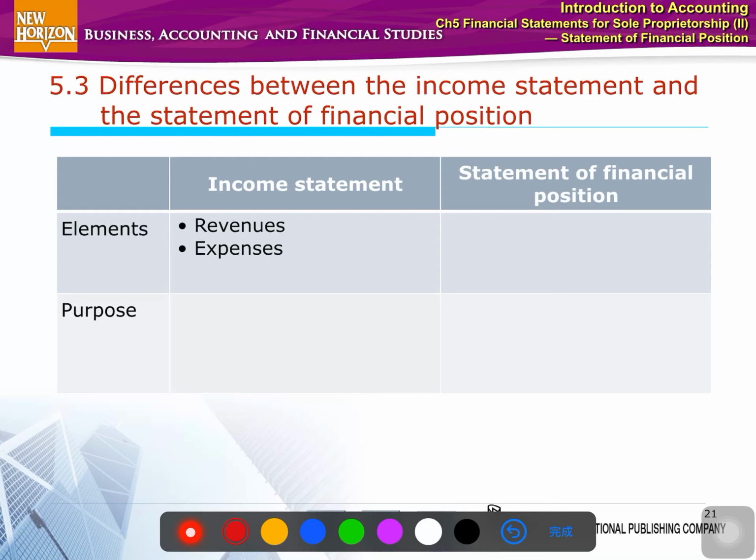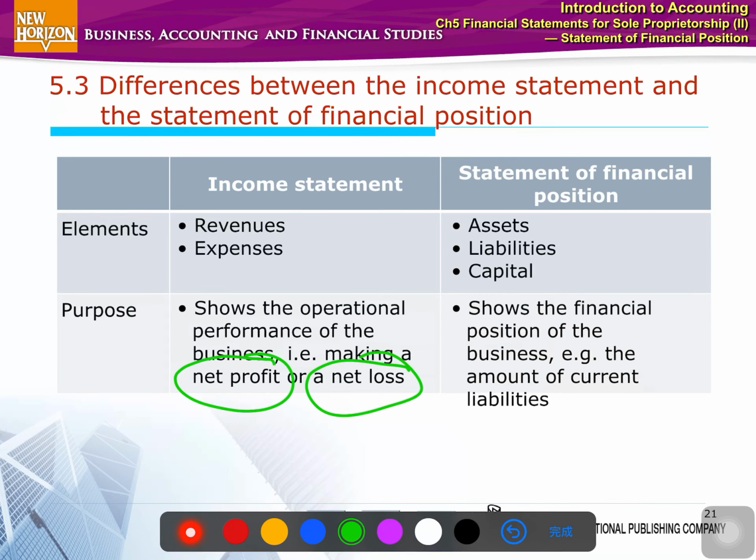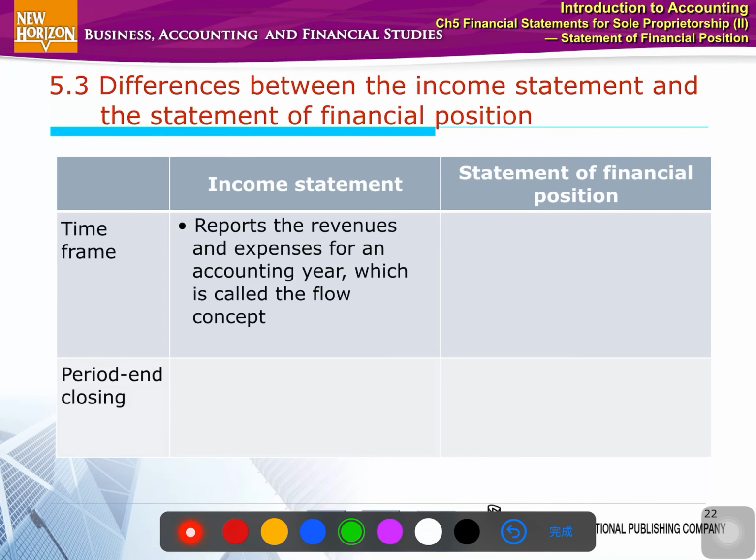Finally, we talk about the difference between income statement and statement of financial position. Income statement includes all revenue and expenses, while statement of financial position includes assets, liabilities, and capital. For income statement, we want to find out whether the company has profit or loss. For statement of financial position, we want to show the financial position of the business on the last day of an accounting year.